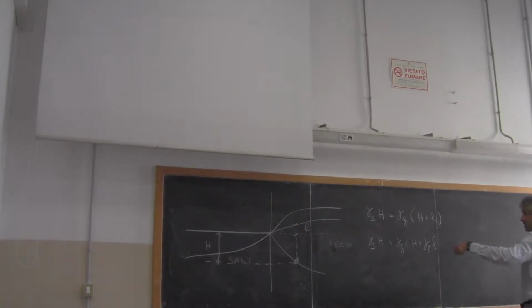already now. Okay, now given that my unknown is capital H, let me write capital H, which multiplies gamma S minus gamma F. This is equal to gamma F lowercase h, and then I can compute uppercase H, capital H, is equal to gamma F divided by gamma S minus gamma F. Is it correct?